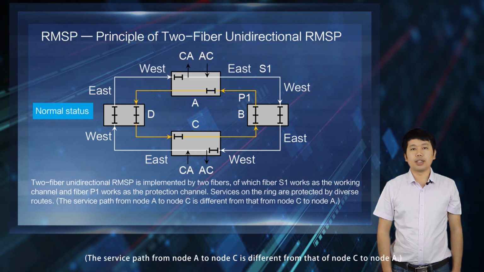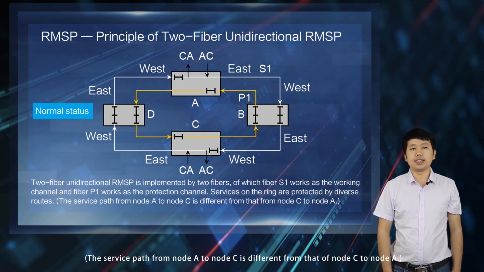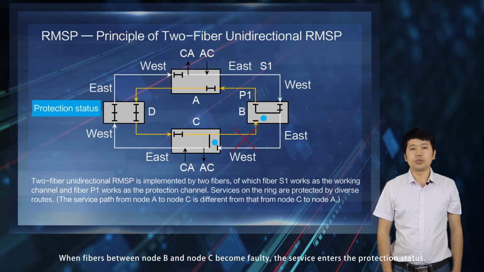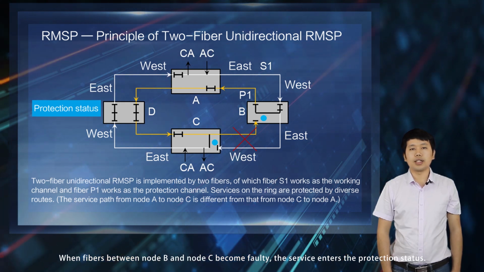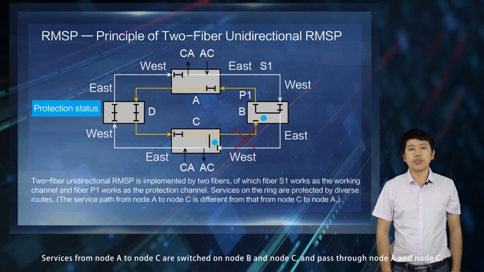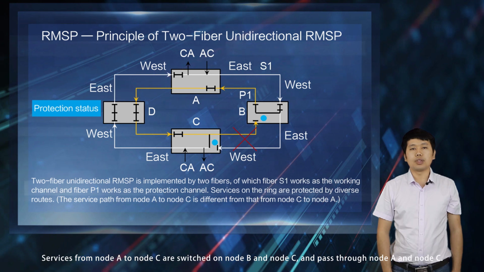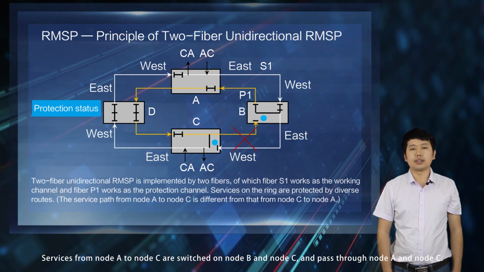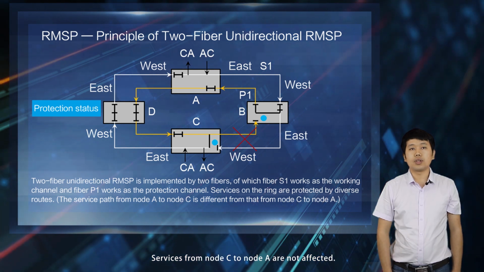The service path from node A to node C is different from that of node C to node A. When fibers between node B and node C become faulty, the service enters the protection status. Services from Node A to Node C are switched on Node B and Node C, and pass through Node A and Node C. Services from Node C to Node A are not affected.